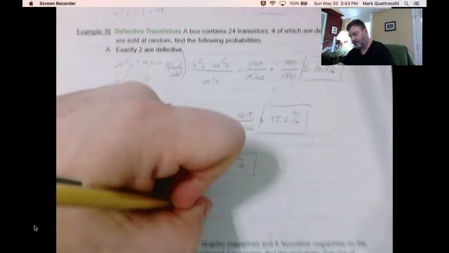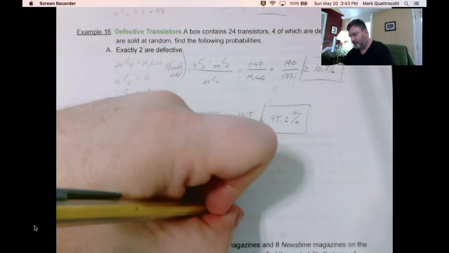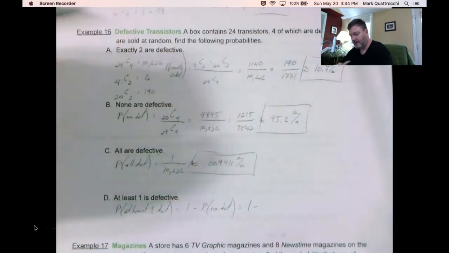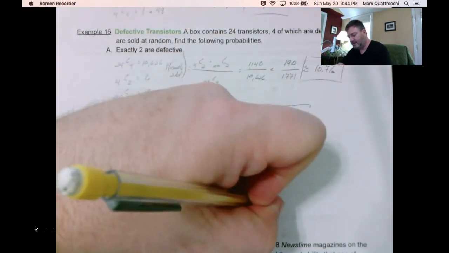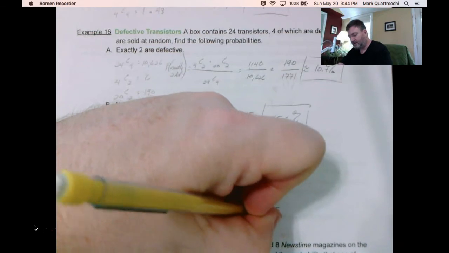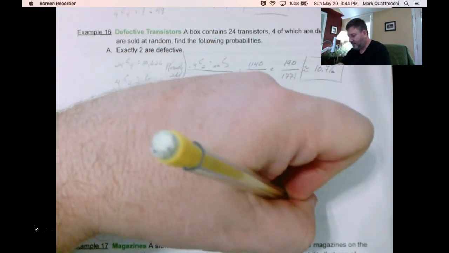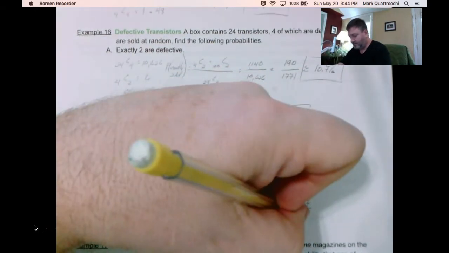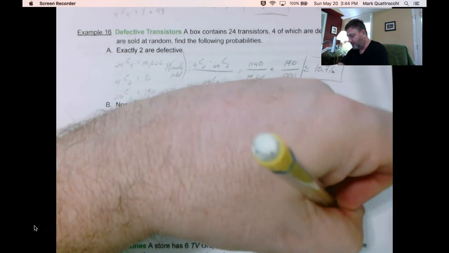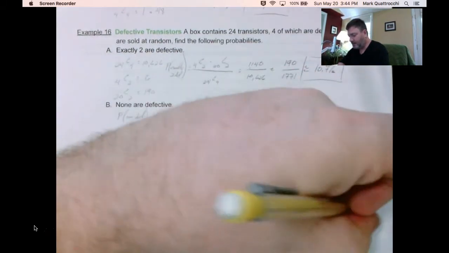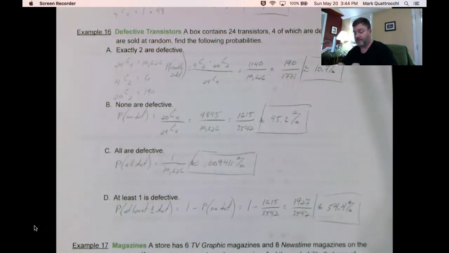So 1 minus the probability that no defectives is equal to 1 minus no defectives, which was 1,615 over 3,542, which is 1927 over 3,542, or approximately 54.4% chance, which makes sense. So if I add that to the 45.6%, I have 100%.